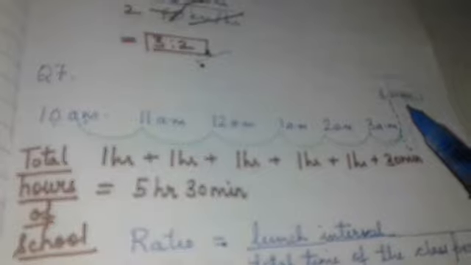So now the question is, it is winter season and school starts at 10 a.m. and gets over by 3:30 p.m. The next thing given is lunch hour is of 30 minutes. Lunch hour is of 30 minutes means out of 10 to 3:30, half an hour, 30 minutes, is given for lunch.